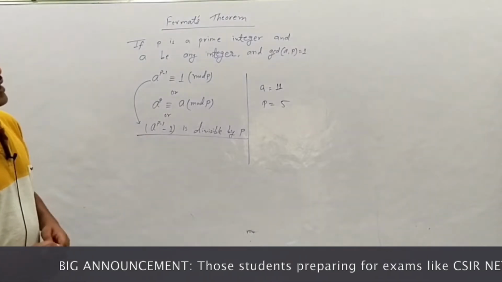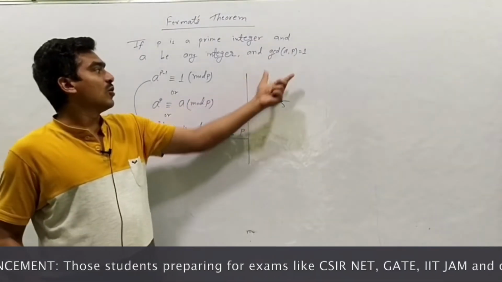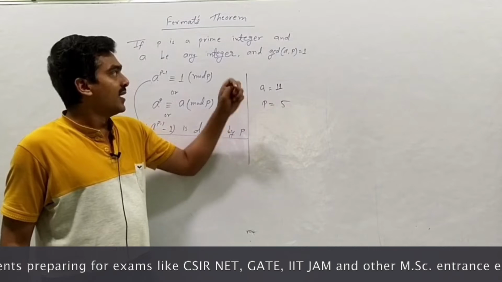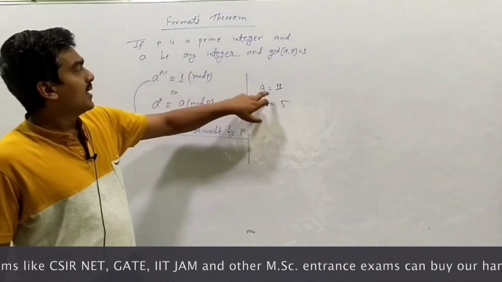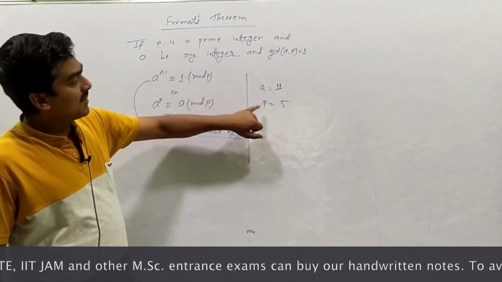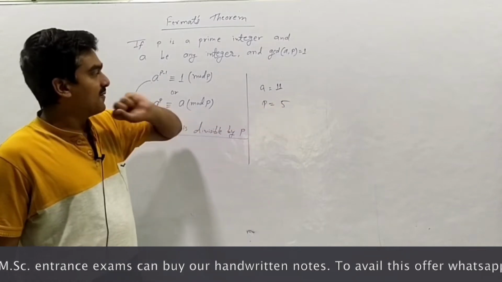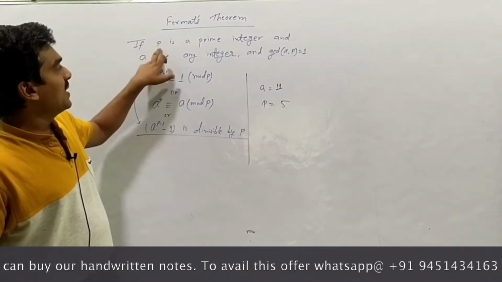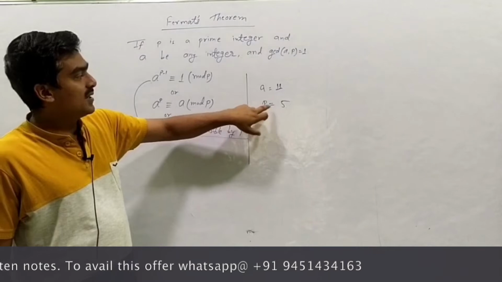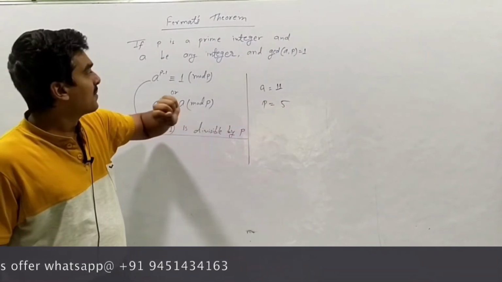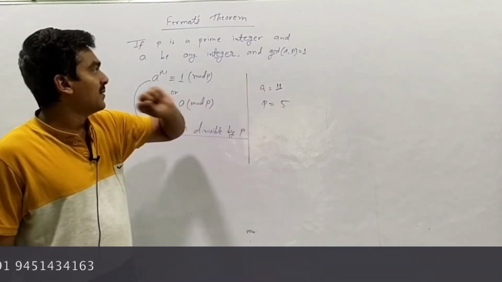So does this condition hold here? In place of a I take 11 and in place of p I take 5, because p must be prime. Here p is 5, which is prime, and a is 11.